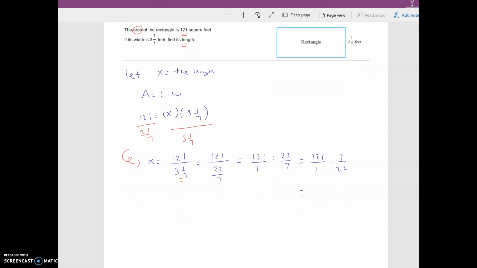And you can actually rewrite this fraction. 121 is 11 times 11 times 7 over 1, and 22 you can rewrite as 2 and 11, so 2 times 11.